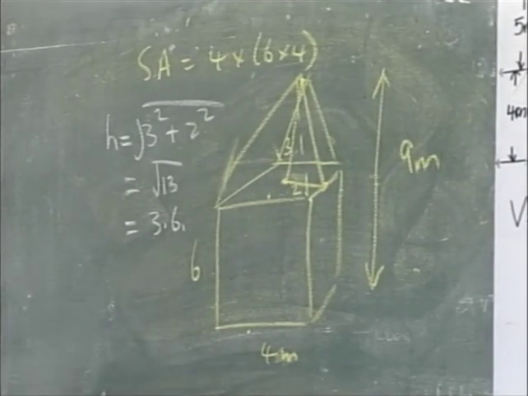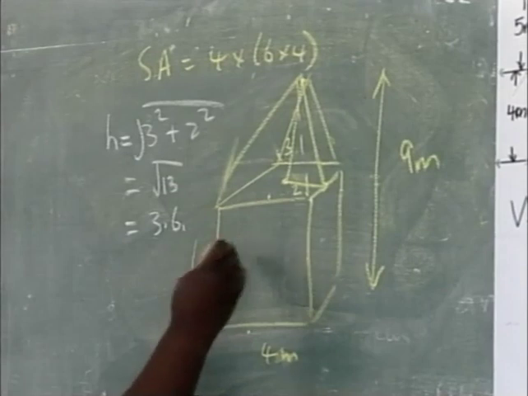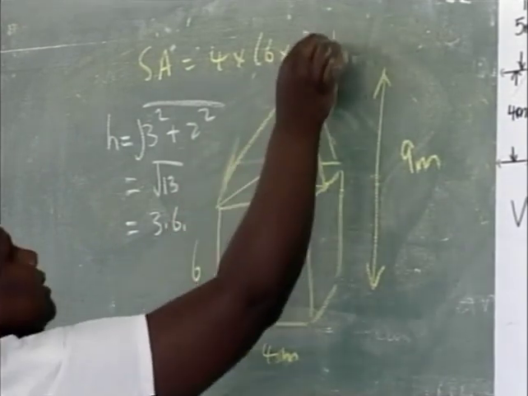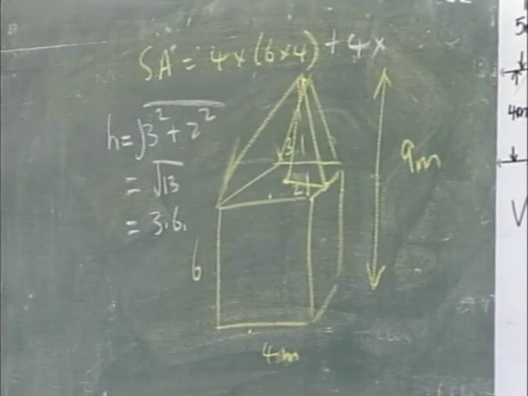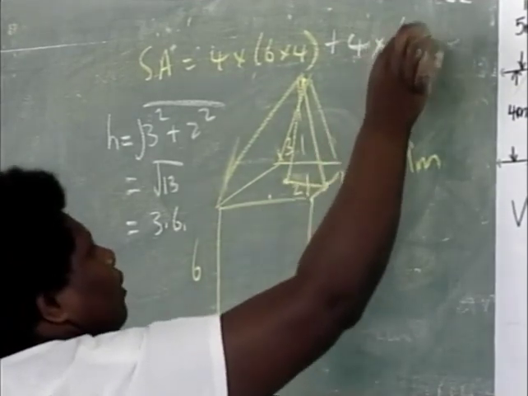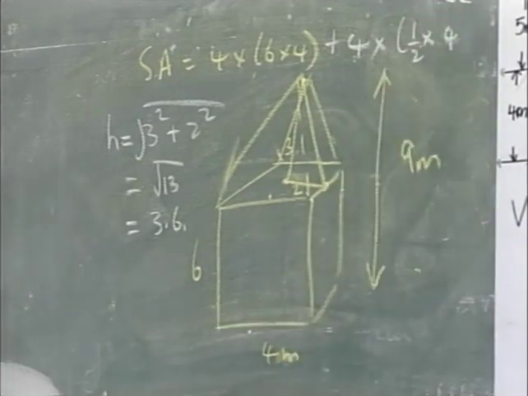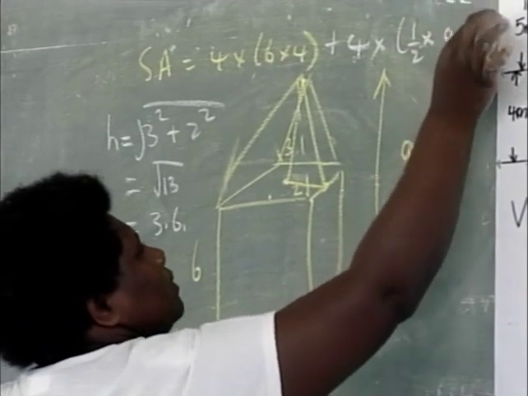So without the base, it's 4 times 6 times 4. That's 4 faces. Look at the diagram on the screen because it's a better looking one. And then plus 4 times, there are 4 triangles, so it's half of 4 times 3.6.